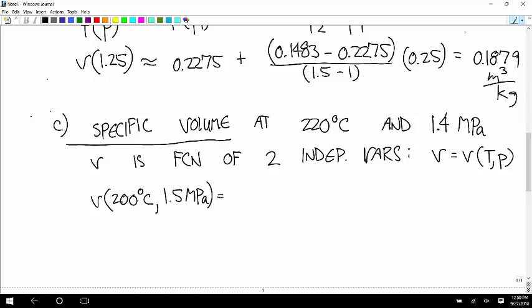And that is 0.1325. Specific volume at the higher temperature, that's 240, and the higher pressure, 1.5, is 0.1483.